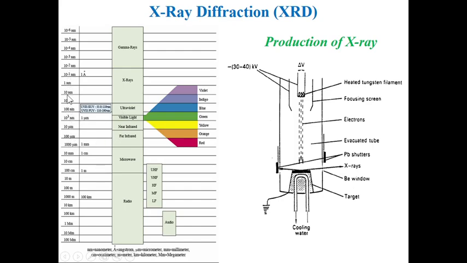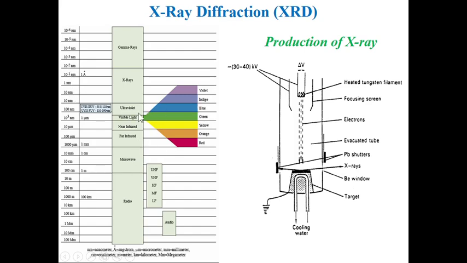If we move up this side, the wavelength decreases, or the frequency increases, and the energy of the electromagnetic wave increases. If I move towards the radio waves, the wavelength increases. The X-ray wavelength varies from 10 nanometer to 0.1 nanometer.